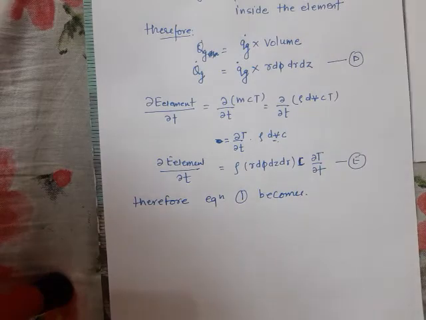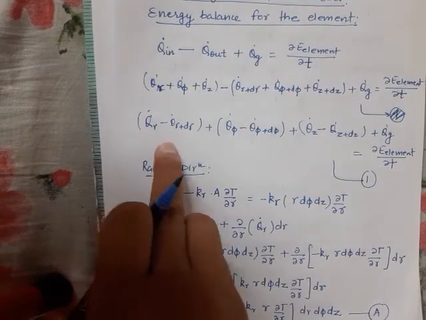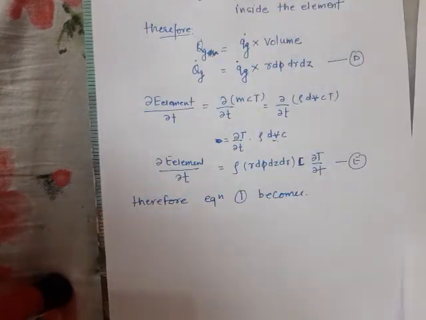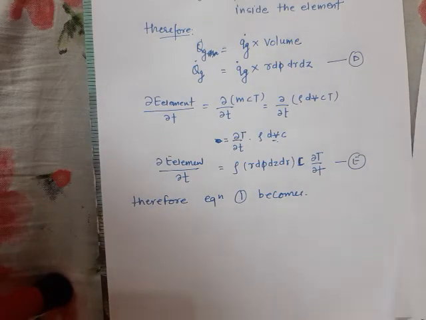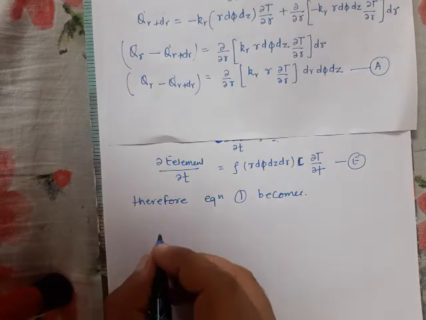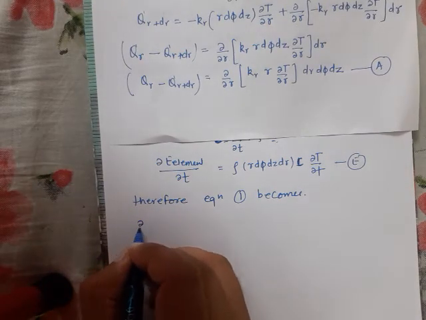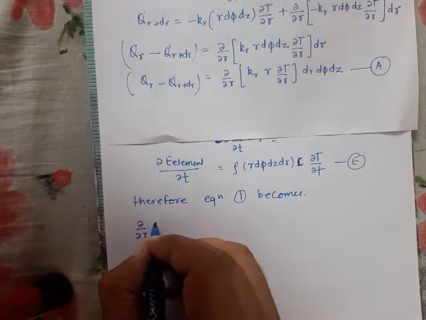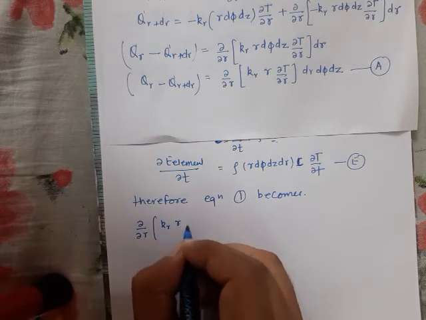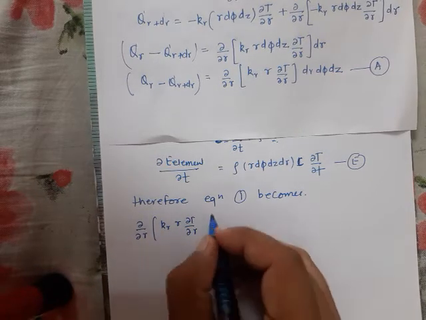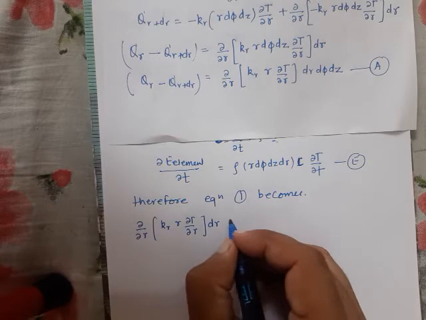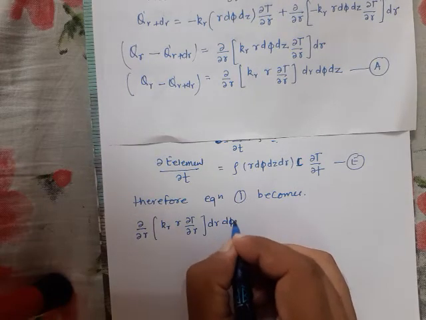Please note, I have to first put the value of QR minus QR plus DR, which is equal to del upon del R, KR R del T upon del R, dr, d phi and dz.